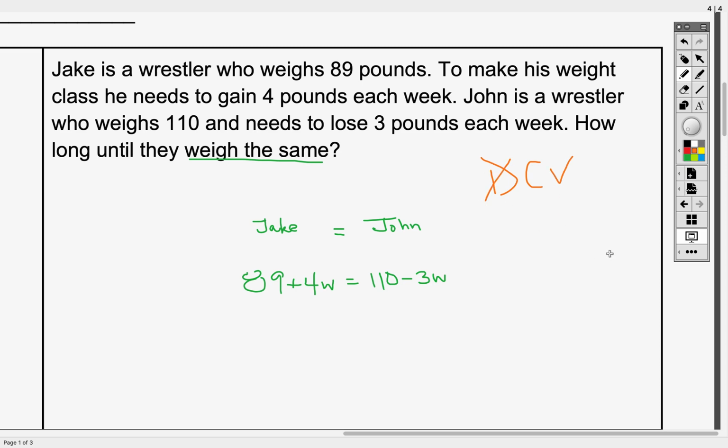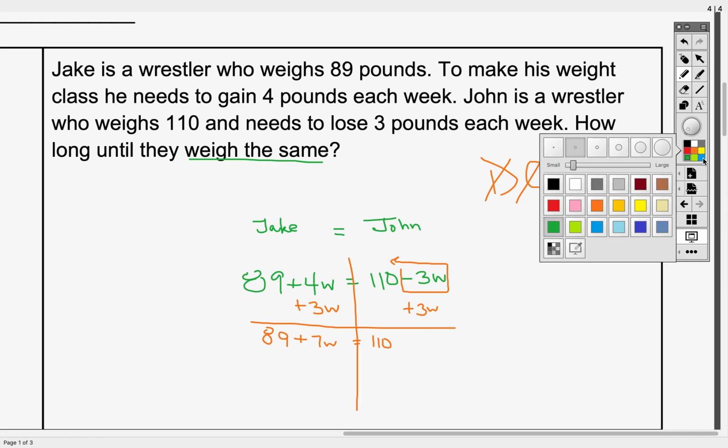There are no parentheses, there's nothing for us to combine, but there's definitely a variable for us to move to the left. And we do that by doing the opposite operation. The opposite of minus 3w is plus 3w. So it simply becomes 89 plus 7w is equal to 110.